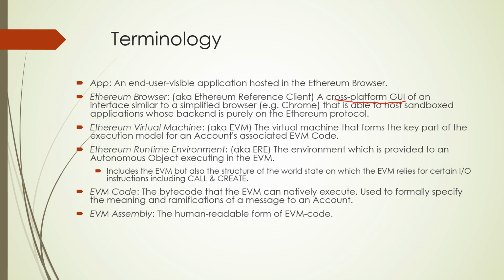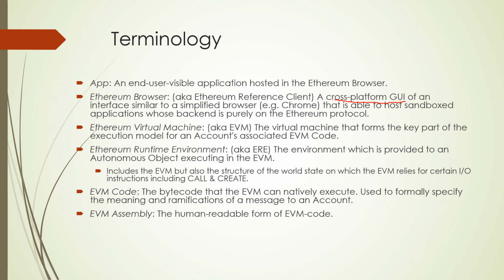And the next one is Ethereum virtual machine, or for short, EVM. It's a virtual machine just like the Java virtual machine or CLR from Microsoft, the common language runtime, that forms the key part of the execution model of an account's associated EVM code.